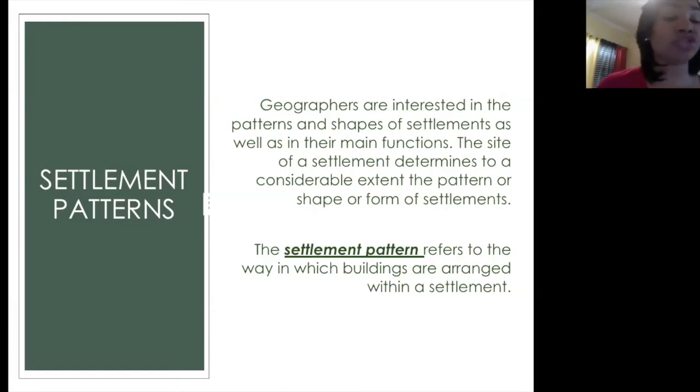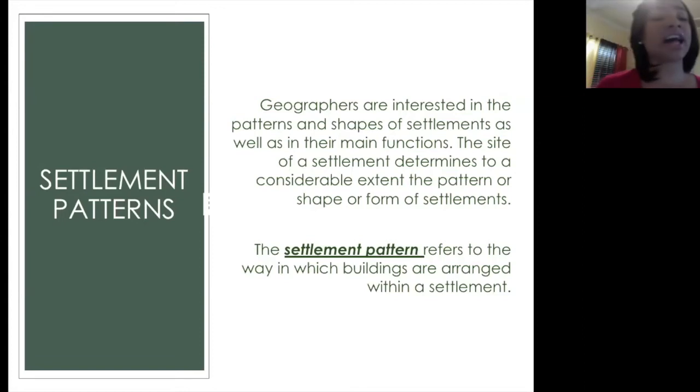Another thing they want to be able to identify is what purpose that sediment actually serves. So that would be considered your main function. So these 2 different criteria we're going to look at today, your main function of your sediment and the shape of that sediment as well.